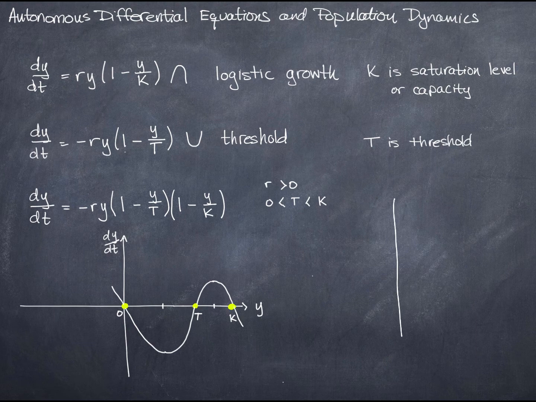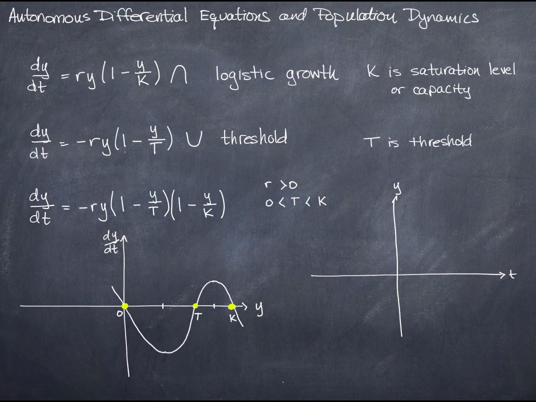So this is the first time we've had a cubic for our differential equation graph, but I can use it in the same way. If I have a graph of t against y, I can tell from my differential equation graph where the zeros are going to be. They're going to be at y equals 0, y equals t, and y equals k. I moved t over, by the way, because it looked like it was halfway between 0 and k, and that's not necessarily the case.